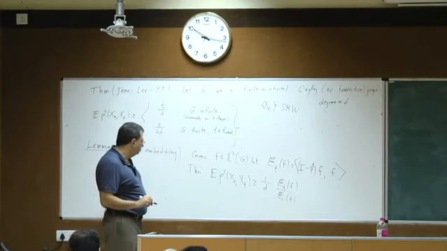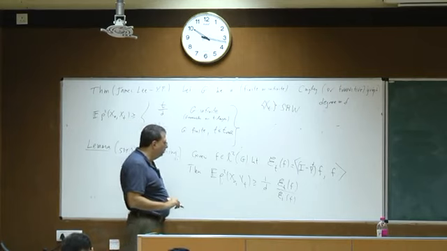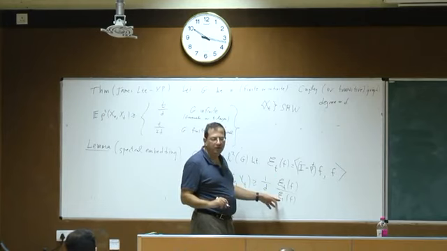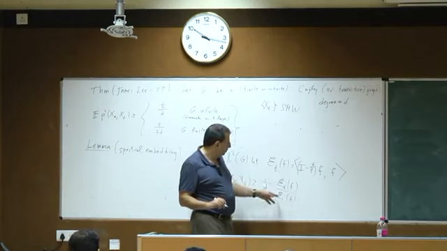I'm assuming here that f is not constant, because for constant f, E_1 is going to be 0.